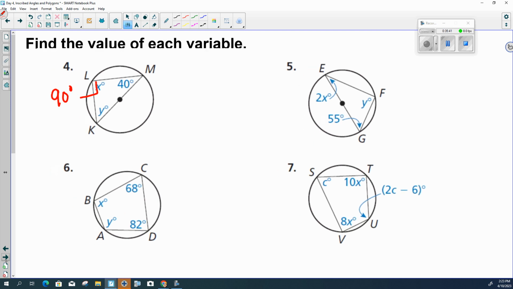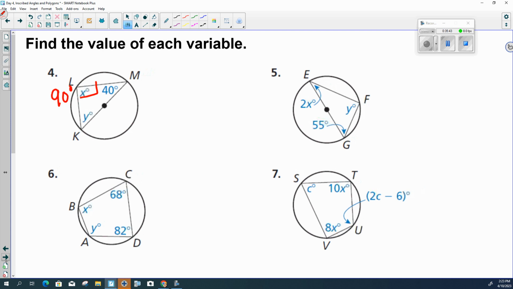Then how would you find this one? What is that, 50? Okay, so the triangles are all similar to that. The angle opposite the diameter is the 90-degree one.